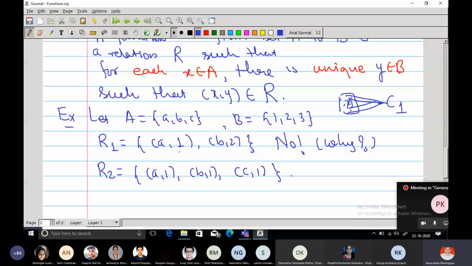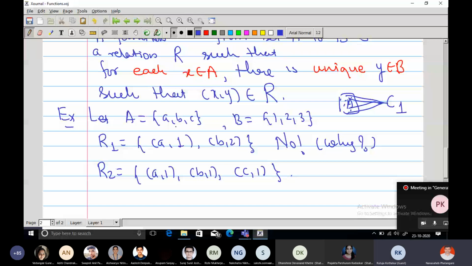In case of roll number, what are the requirements, what are the important conditions to be a function? For every element in A, this first condition is satisfied. Second condition, unique. Now look at a particular element a. a is assigned with 1.